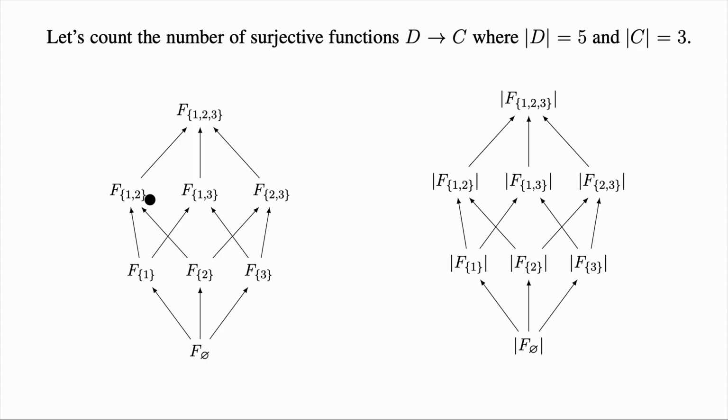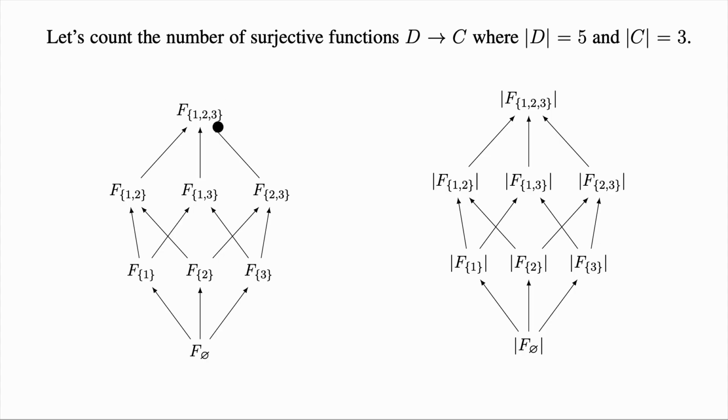So that includes functions where all the outputs are in 1, 2, 3. If the outputs of the functions are in 1, 2, then they'll also be in this set of functions. Or, if the outputs are in 1, 3, they'll be in that set, and so forth. So you have things like this, and maybe we're interested to know what's new at the top.